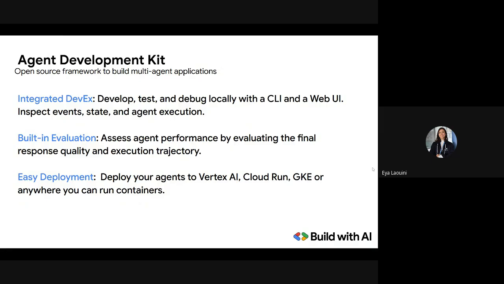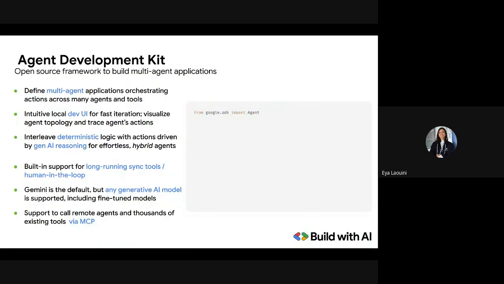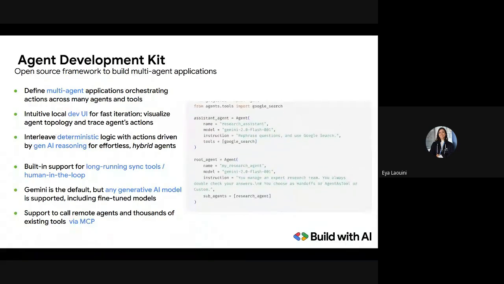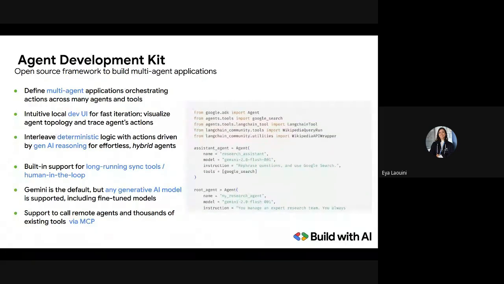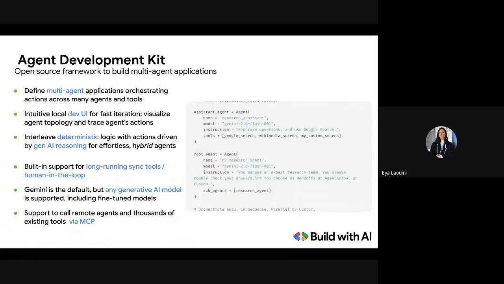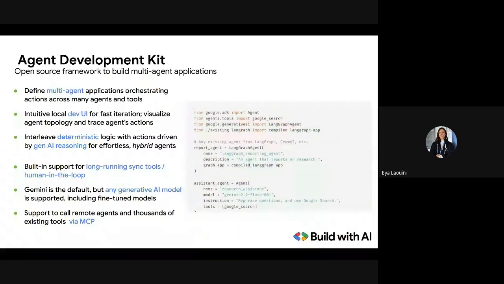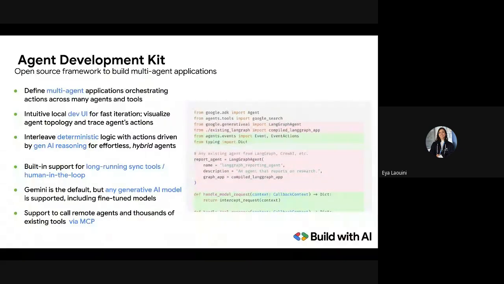Everything is easy for the deployment. We can deploy our AI agents on Vertex AI, on Cloud Run, GKE, or anywhere we can run containers. So for the deployment, it's really easy. This is just a piece of code to define an agent. By the way, all the code is documented and open source, and we will use it in the practice later on.